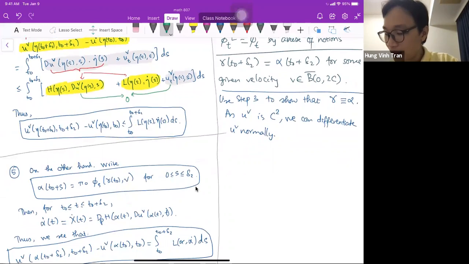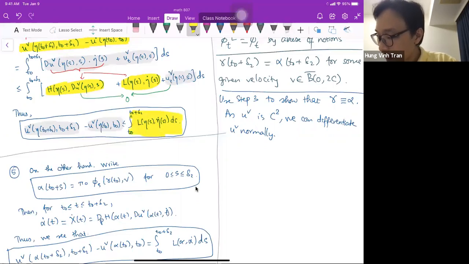So then I can omit that part, and that allows us to conclude that if I compute UV of eta at t naught plus delta t minus UV at eta t naught, then the difference is going to be less than or equal to the integral of the Lagrangian. So this is going to be less than the action functional, right?